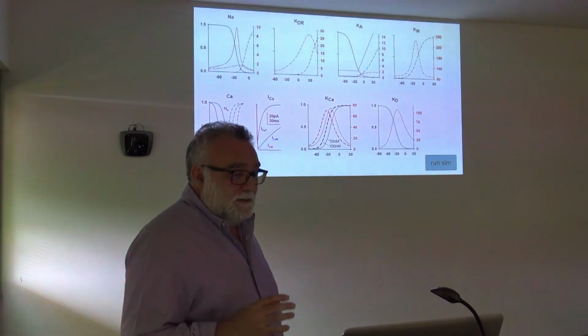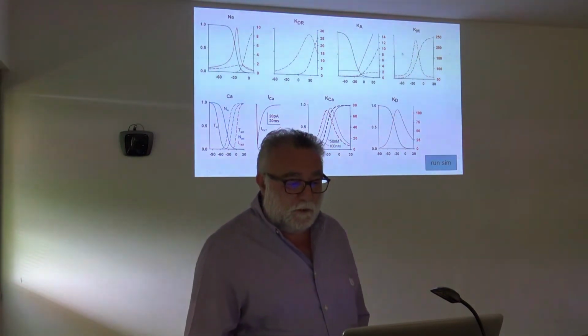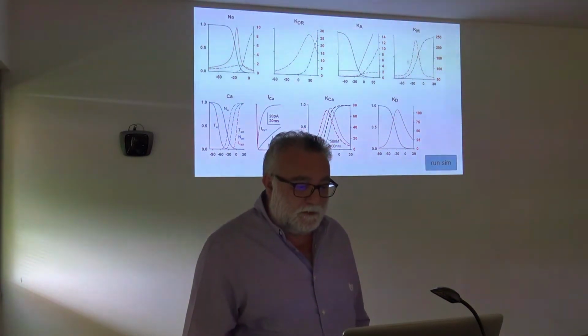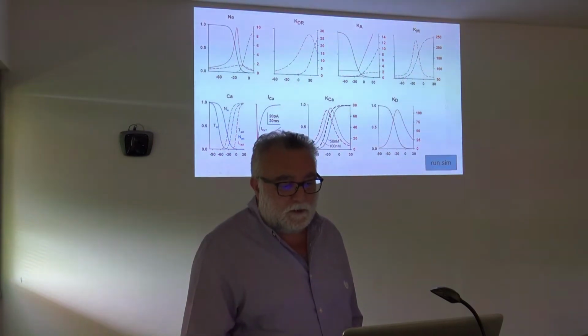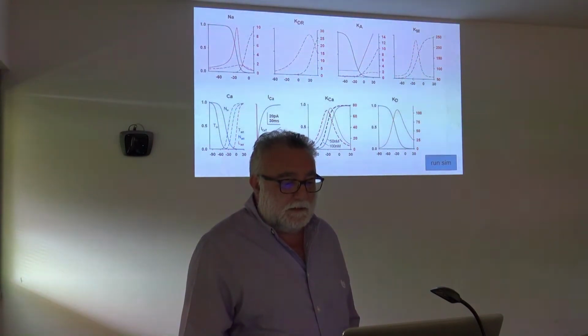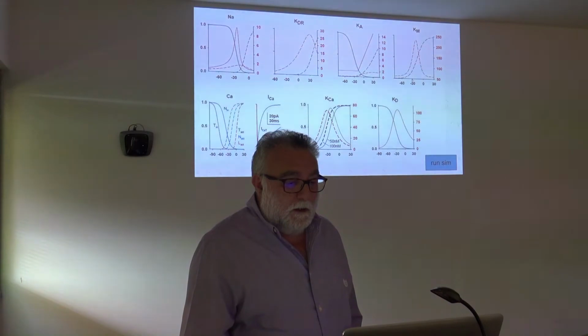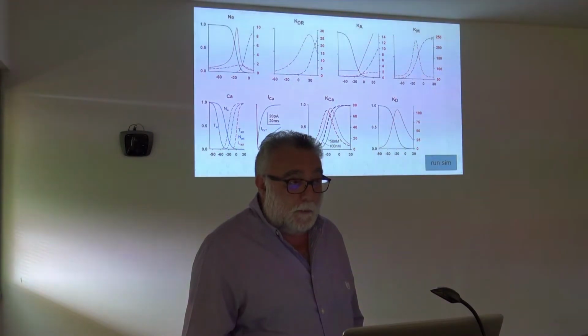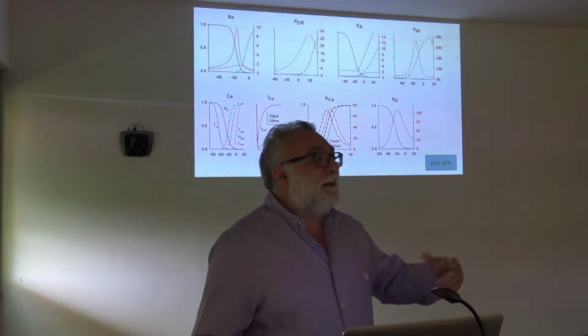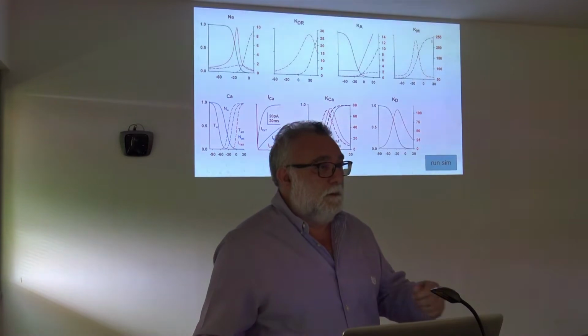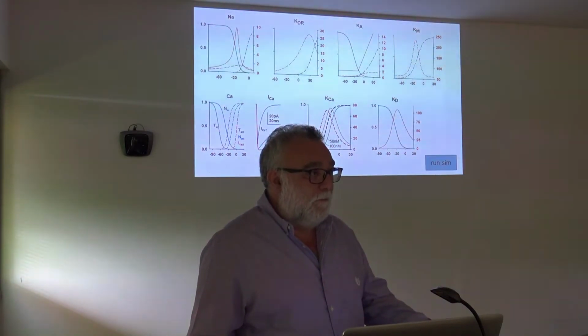So what happens? Follow this line of reasoning. You are at minus 60, or let's say minus 30. The current is slightly open. You go with an action potential to plus 30, and you tend to open the potassium, the KM.